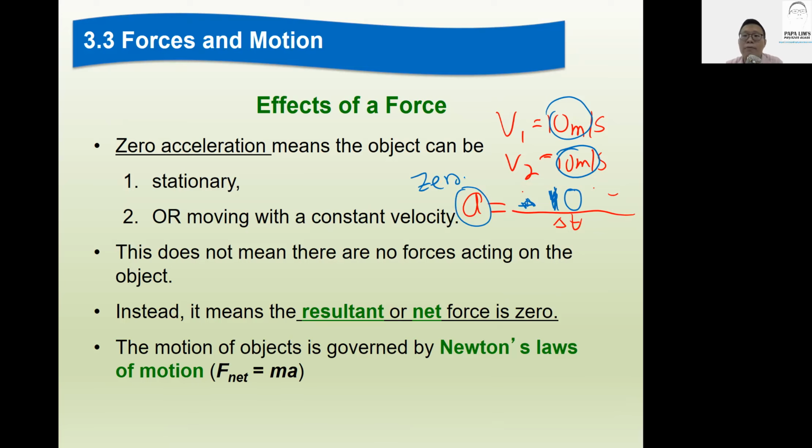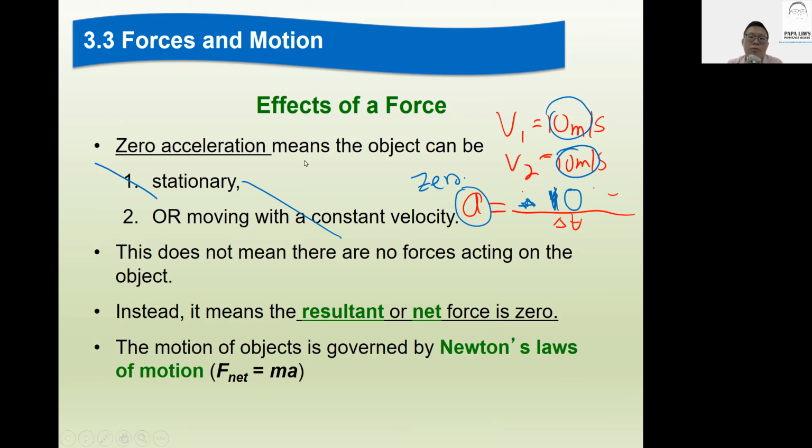So in terms of math, in terms of quantitative analysis, you find that zero acceleration applies to stationary objects, and it also applies to objects moving at constant speed. Zero acceleration doesn't mean 100% that the object is not moving. It could also be that the object is moving at constant speed.